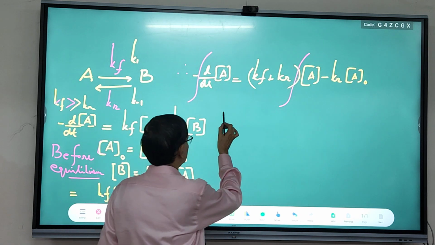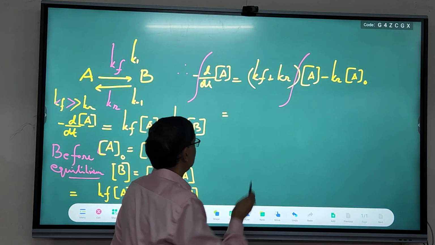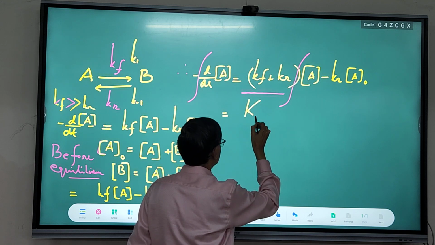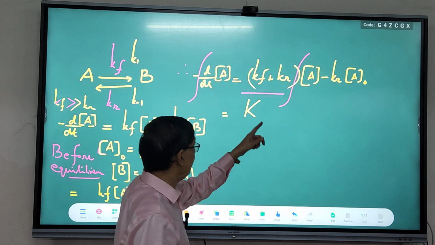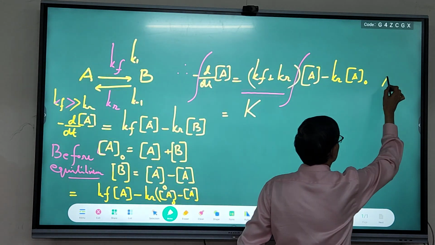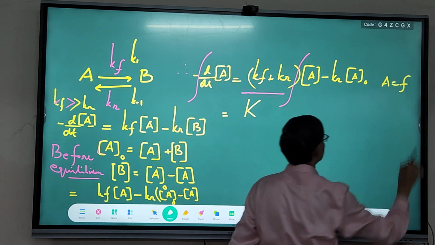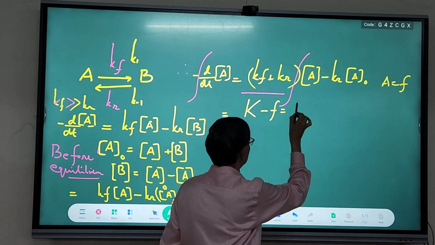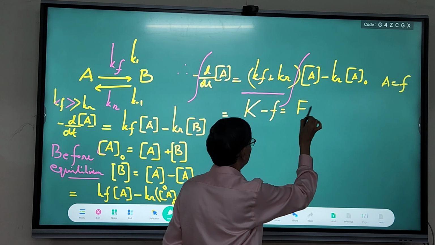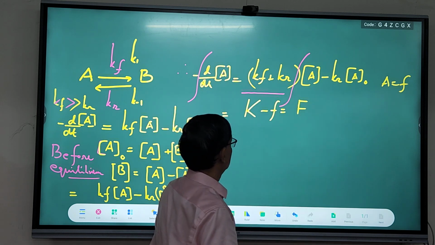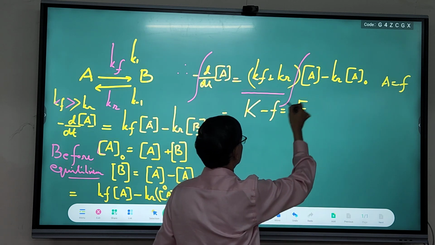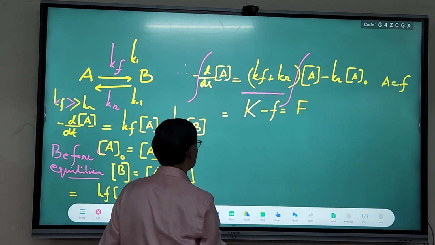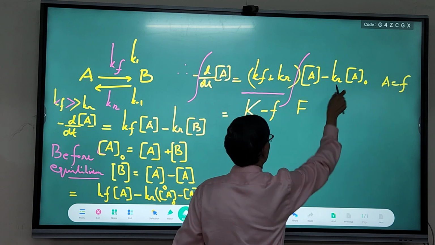So suppose I think this is K and A is suppose F. So I can write like that, Kf is equal to F, the complete full equation. But again, it is a constant. Of course there is another constant.